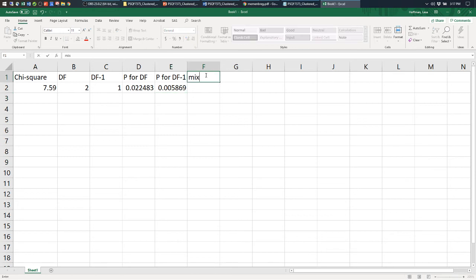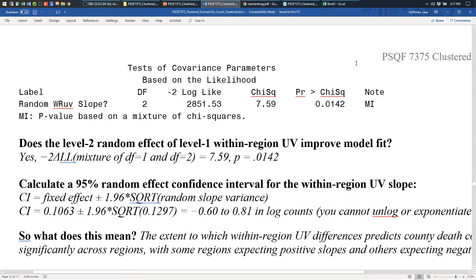Now the mixture p is 0.5 times the p-value for degrees of freedom 2 plus 0.5 times degrees of freedom 1. And that's what it should be, if my math is correct. Yep, my math is correct. Hooray. So that's where that number came from.